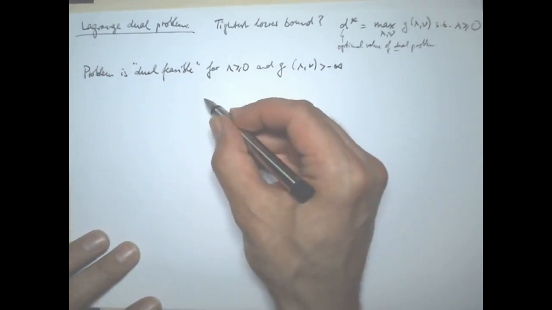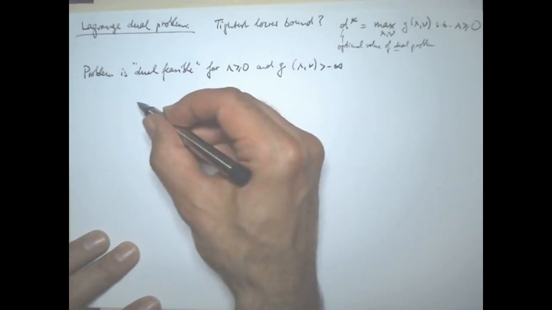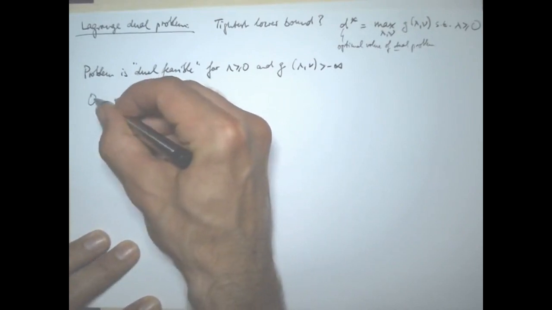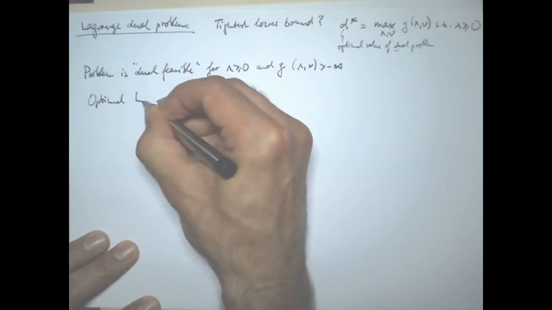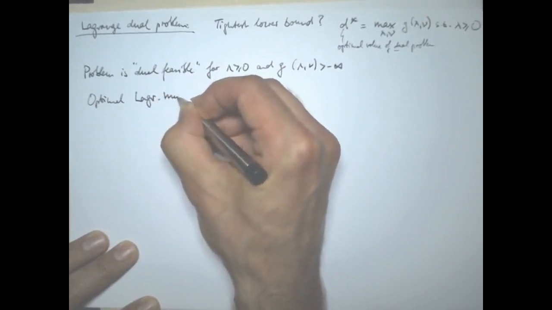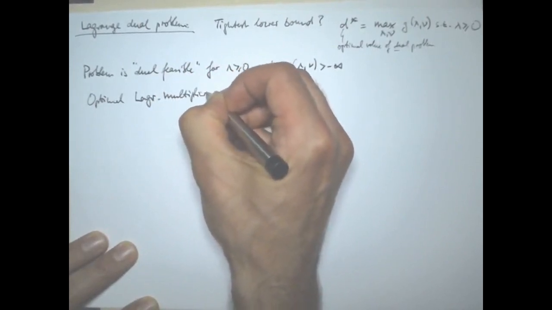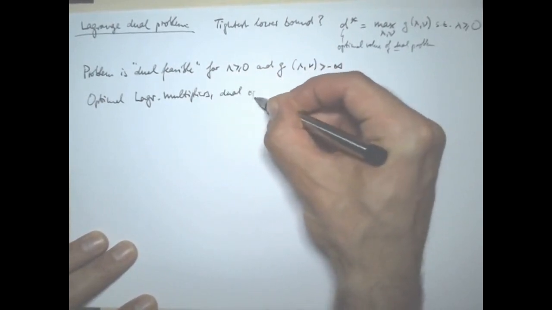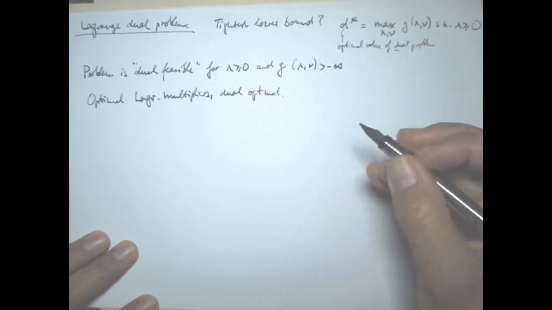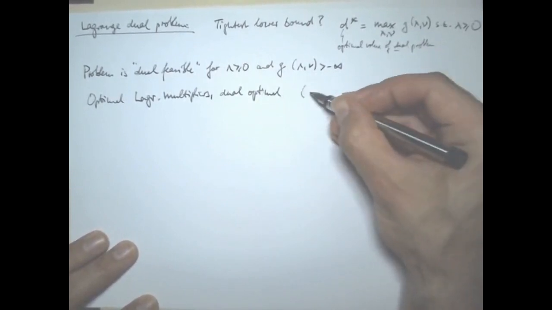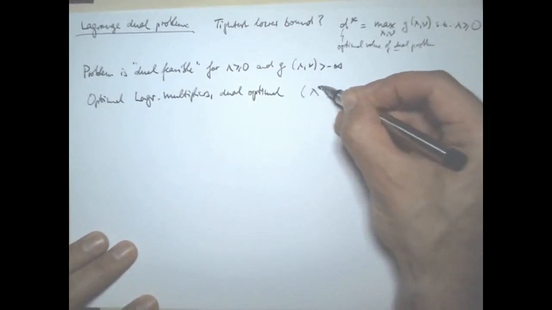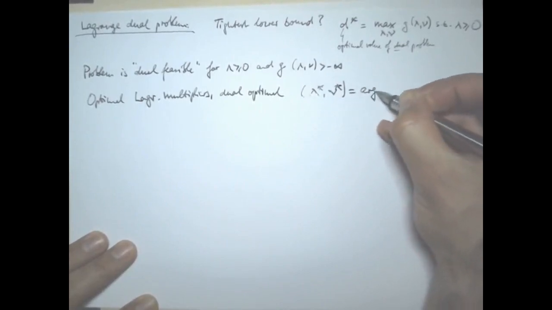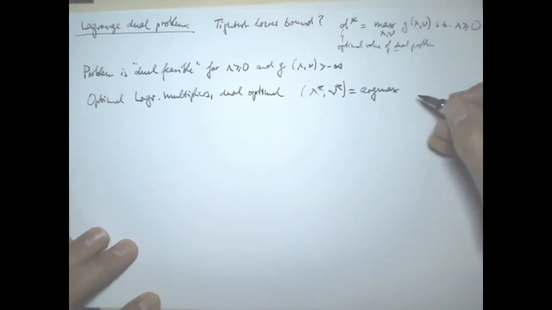Well, and then we can ask for the optimal Lagrange multipliers, or you can also call these the dual optimal variables, and this is given by the pair lambda star, nu star, which maximizes your dual.